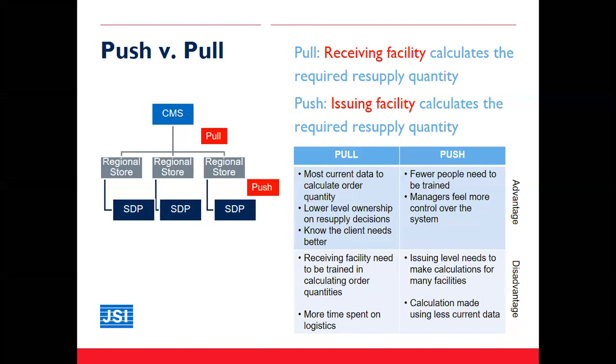For example, if your service delivery point is sending data but not actually calculating the order, they have less work to do. The regional store in this diagram would be calculating the order, so the workload is shifted up to the regional store for doing the calculations. So fewer people would need to be trained to do the calculations, only those at the regional store. The SDP could be focusing on serving customers and less on logistics.